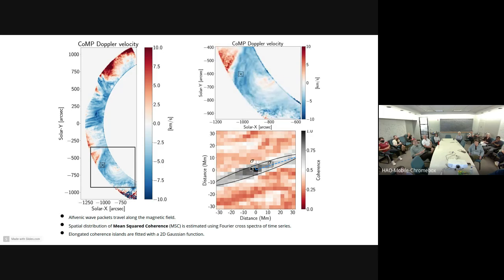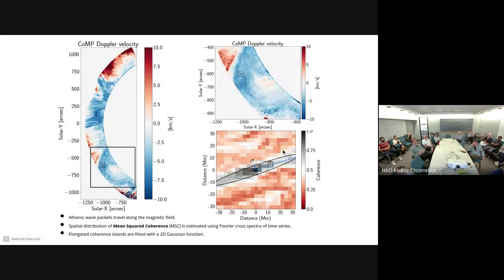By going around with this reference pixel for a certain region, we can get a map of the mean square coherence values. We have used a threshold of around 0.5: anything above 0.5 is taken as having some credibility, and below that threshold we have rejected it.